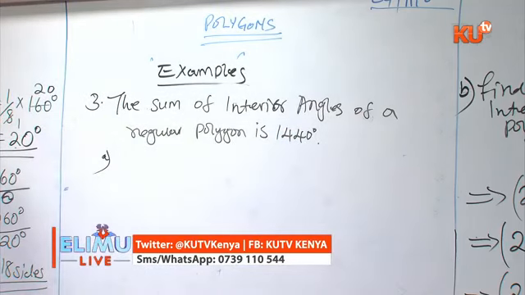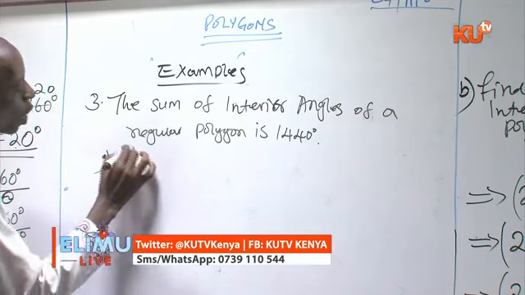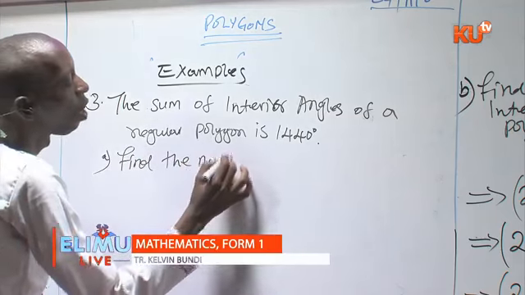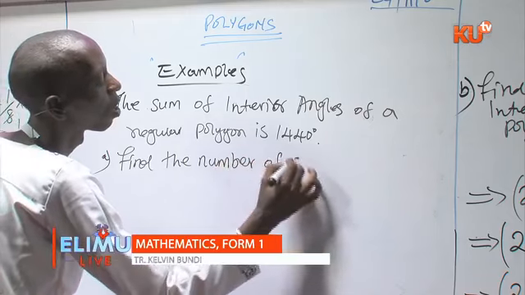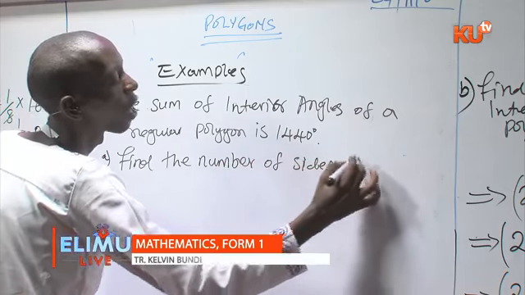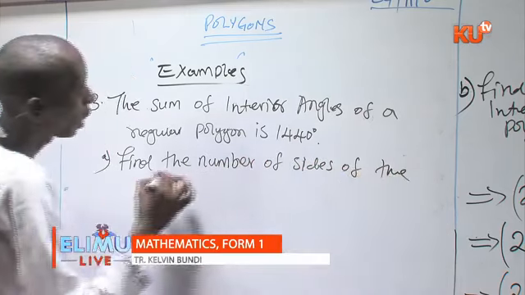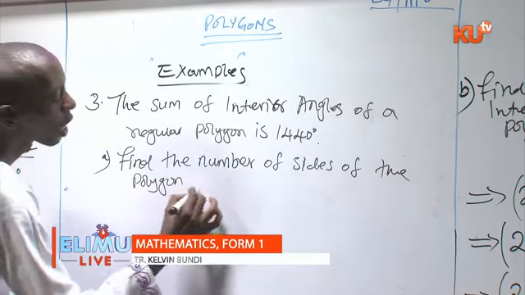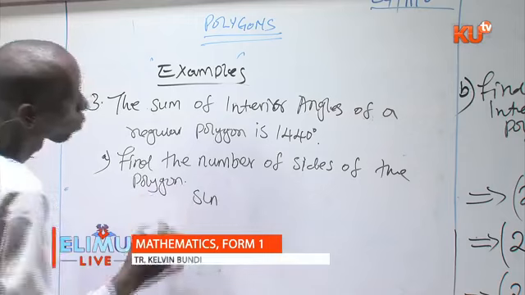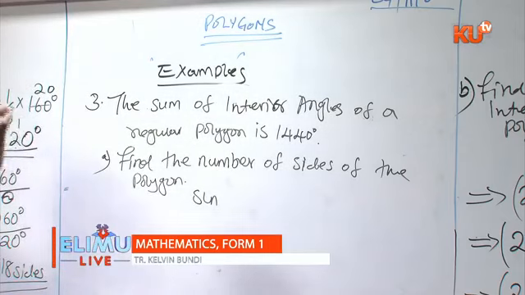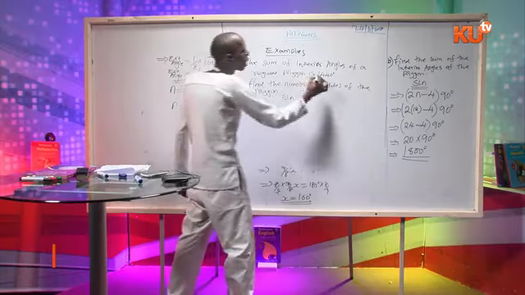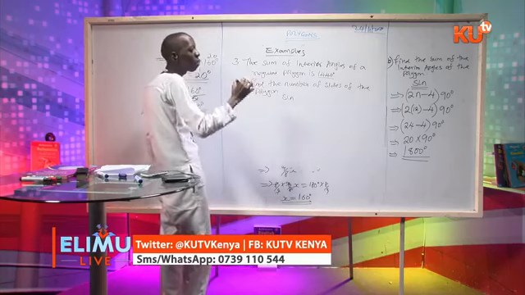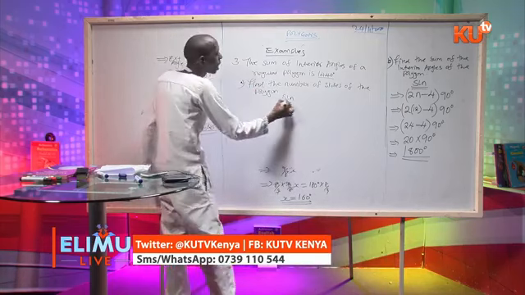Question A, find the number of sides of the polygon. Solution. The sum of interior angles of a regular polygon is 1,440 degrees. Find the number of sides of the polygon.